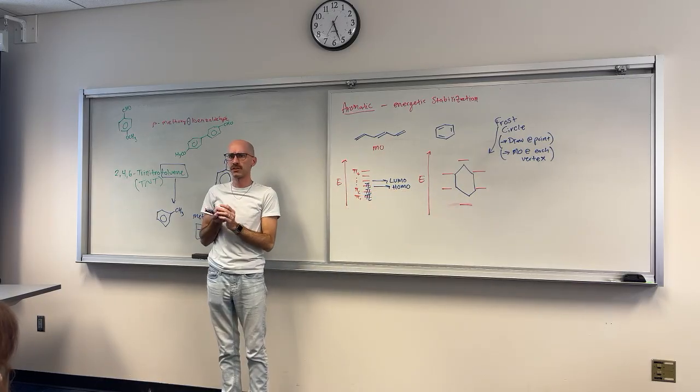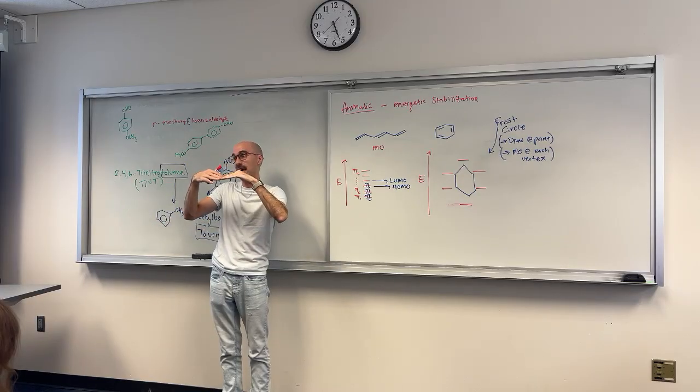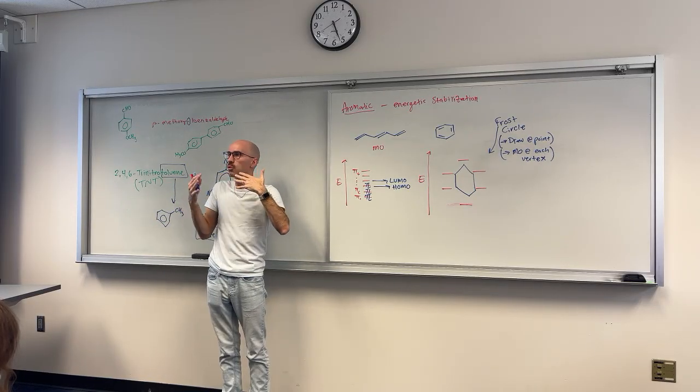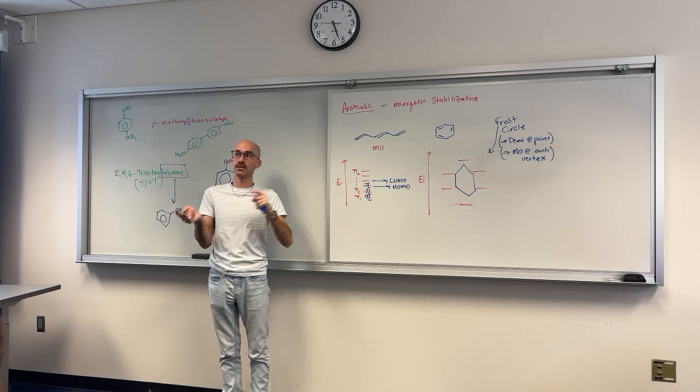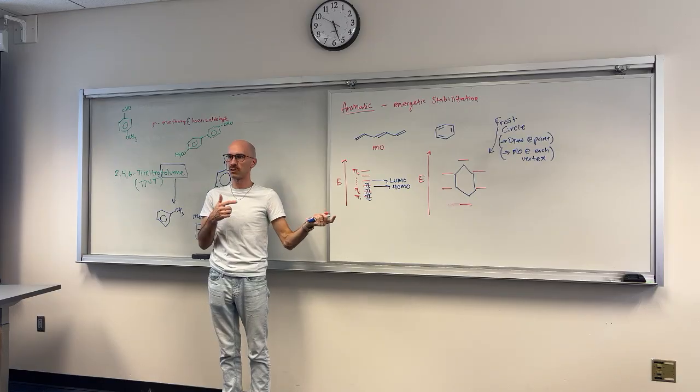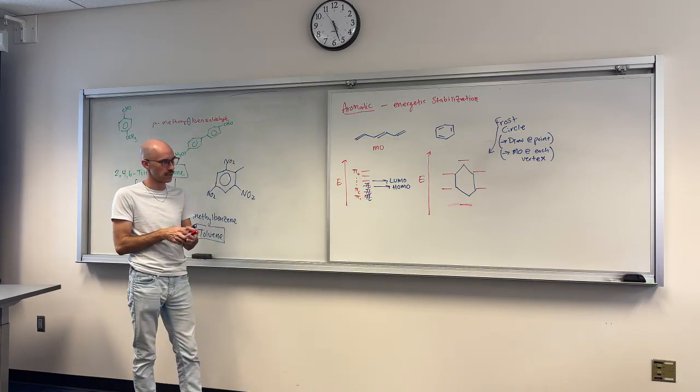How would you necessarily predict that it would look like that hexagon? I don't think you would have, right? If you were in a class like inorganic chemistry, then you actually learn about group theory and character tables, and you learn more about how to predict these types of things. But it's beyond the scope of our class.